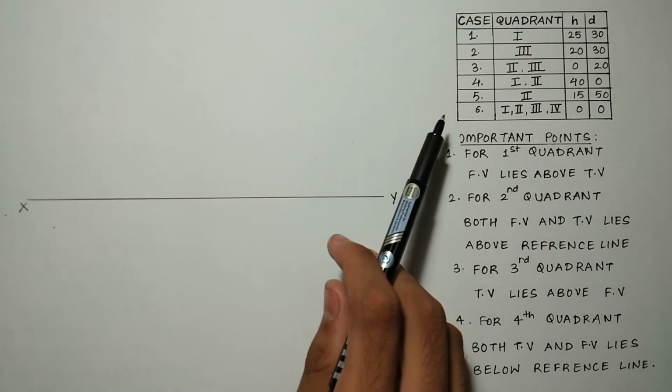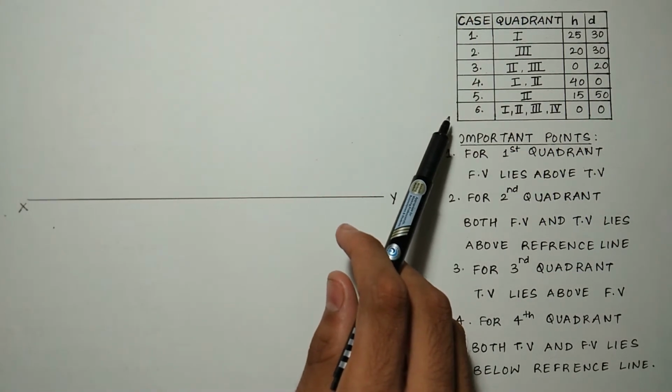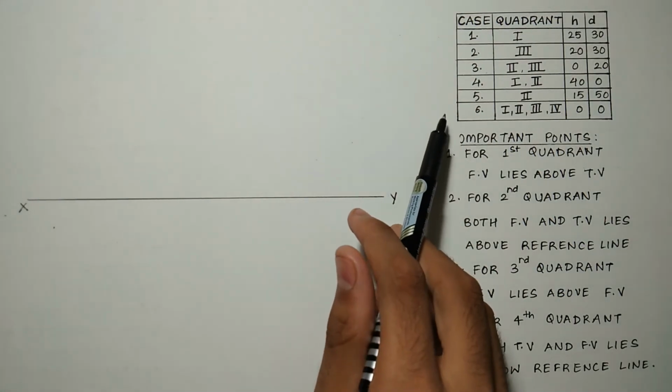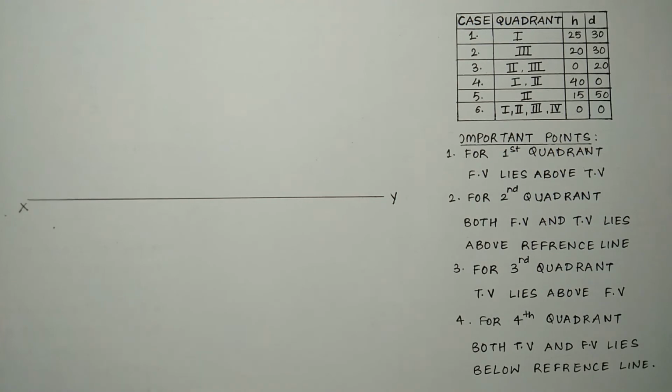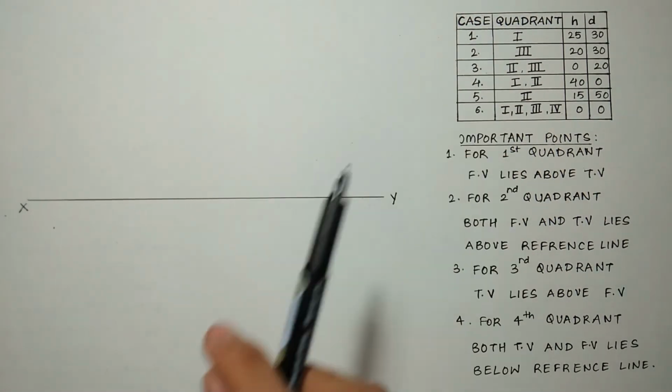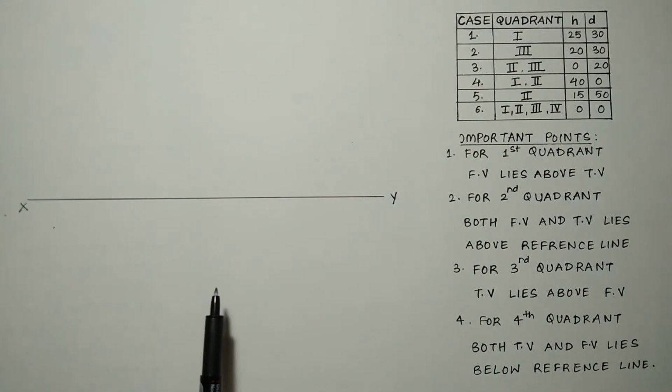Now, the table which we have constructed from the data given in the question, we will be using for constructing the orthographic view. We have discussed that whenever a point is resting in the first quadrant, the front view lies above the top view.